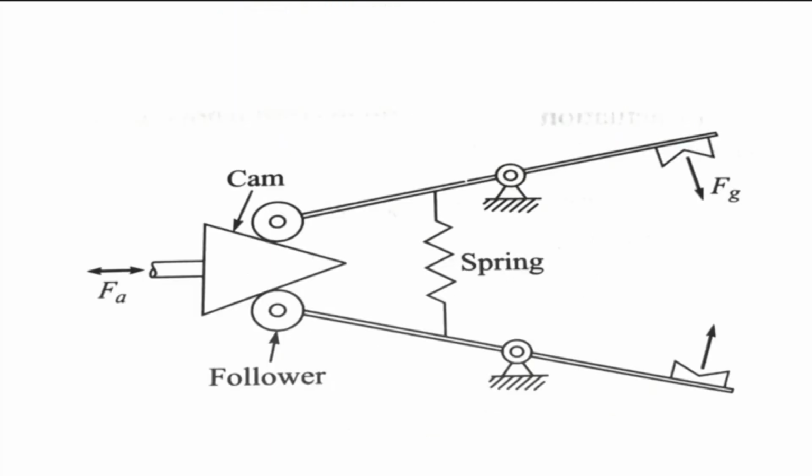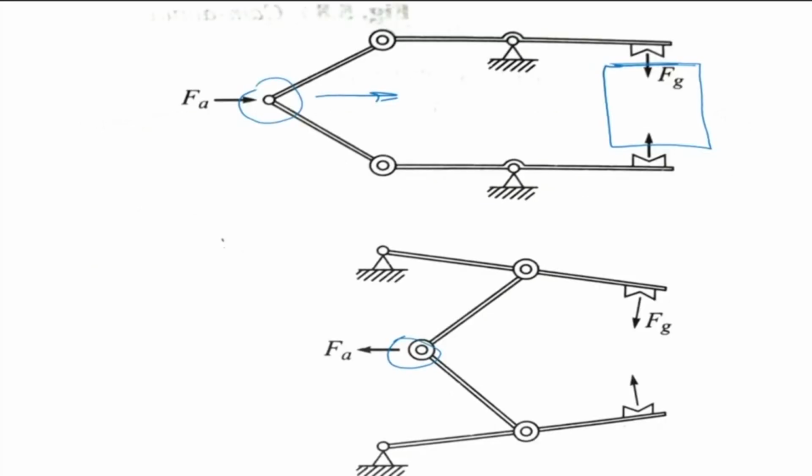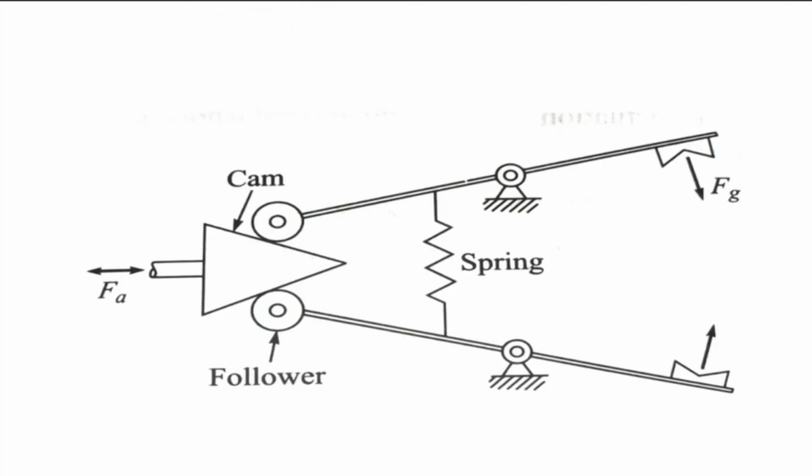This is a cam actuated mechanism; the previous one was a linkage actuated mechanism. Here we have a cam and a spring which opposes the closing. You move the cam forward or backward, and that opens and closes the gripper. Again, the force applied is normal to the surface. If I have the object here, the force is going to be normal there.